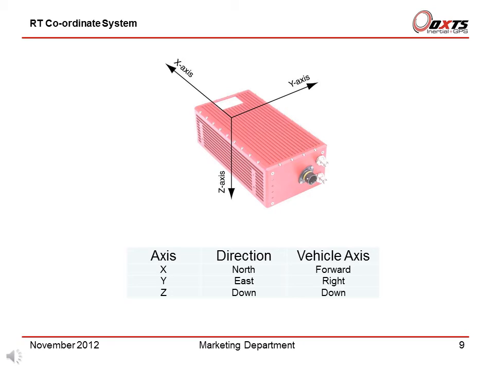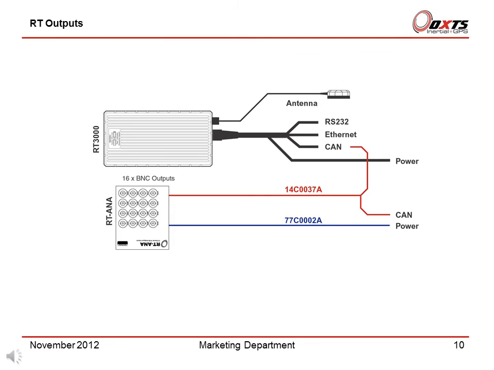Using the RT, it is common to mount the RT with the Z-axis pointing forward in the vehicle and the Y-axis pointing left in relation to the car's forward motion. It is important to note the orientation these axes are pointing within the car for use later during the software configuration, to ensure that the correct orientations are applied to the RT outputs in your coordinate system.